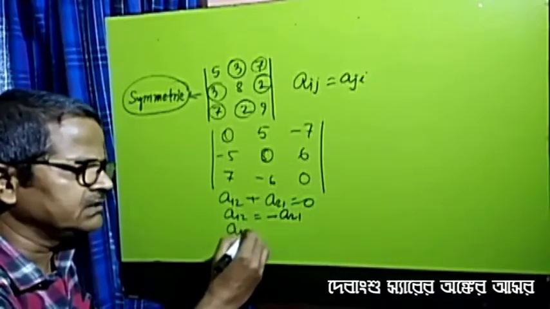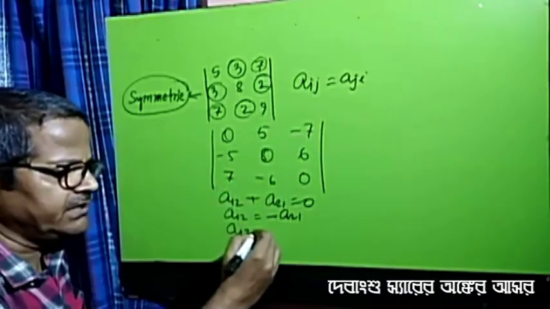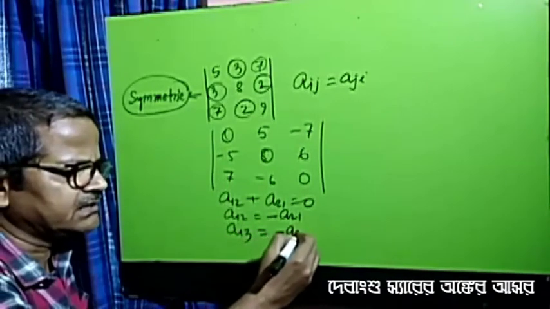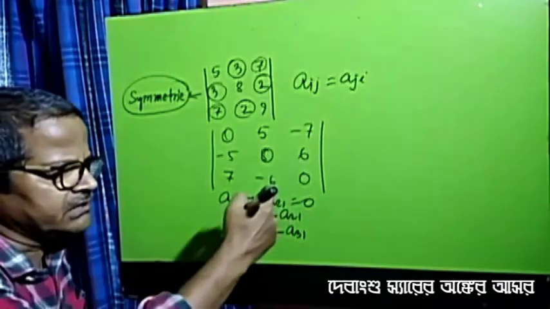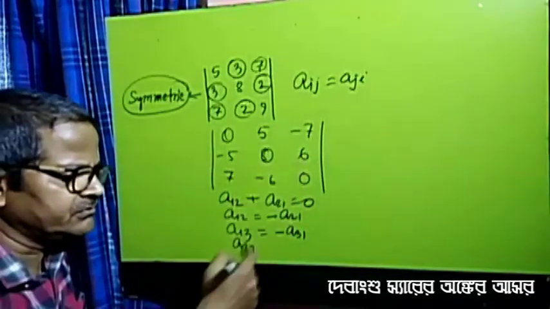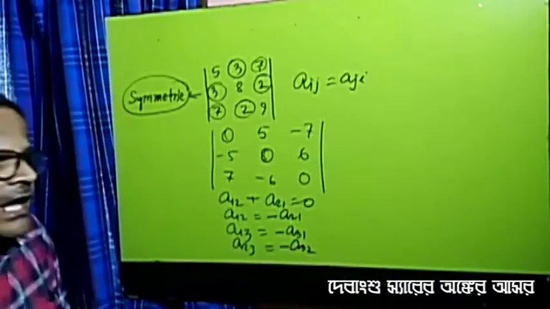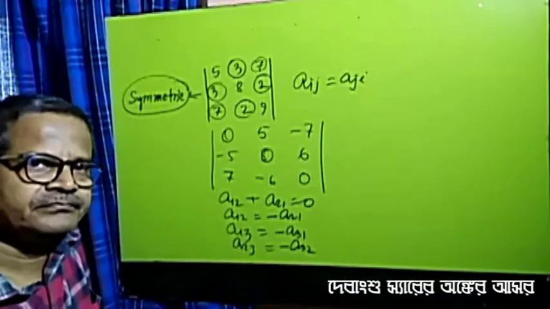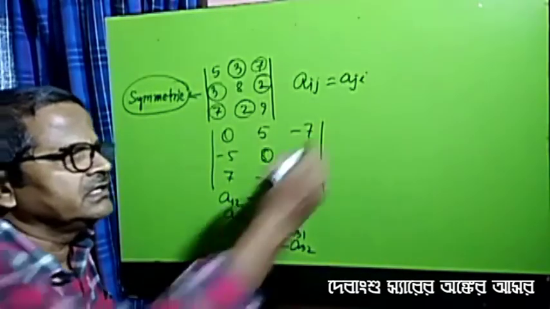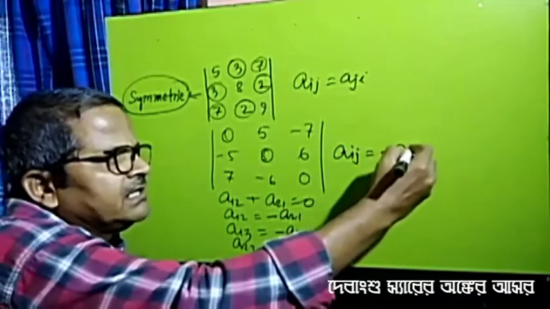Likewise, A13 and A31, their sum is 0. That is, A13 is minus A31. A23 and A32, if we add these two, it will be 0. A23 is minus A32. And you observe that all the diagonal elements are 0. Because in this case, Aij is equal to minus Aji.